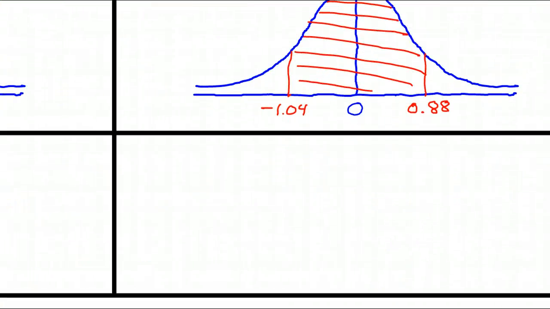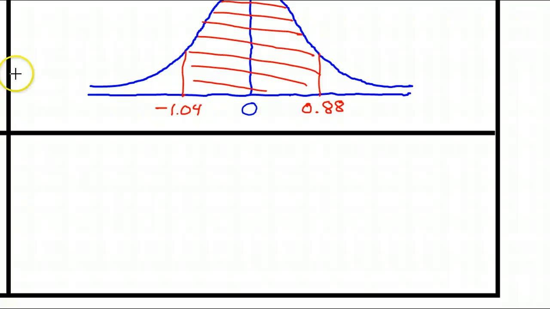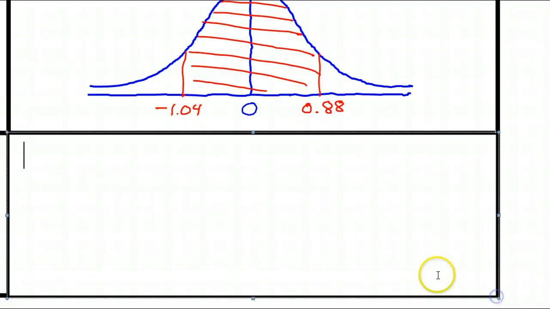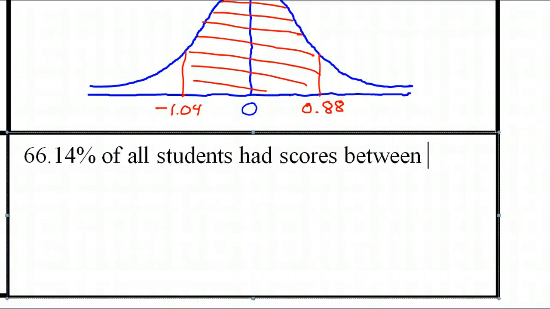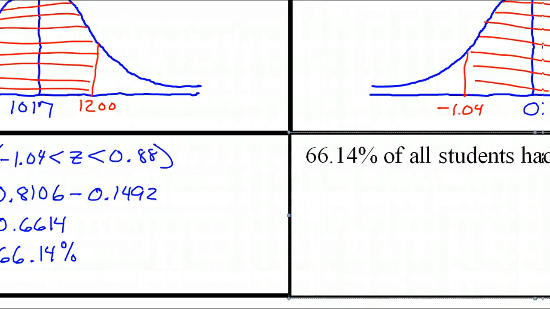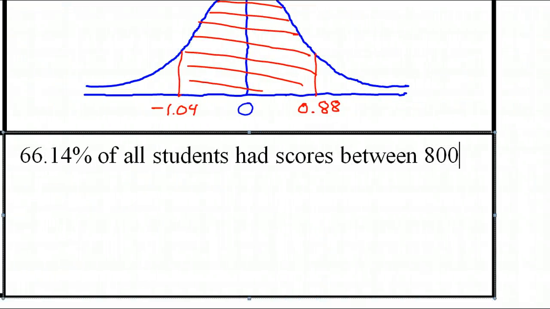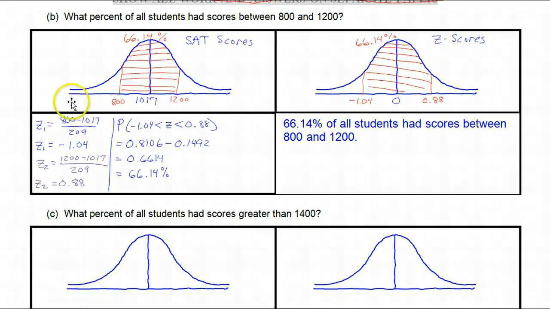Well, it turns out that 66.14% of all students had scores between the two values you said, 800 and 1200. All right, and that is it. Here's the big picture. Soak in what just happened.